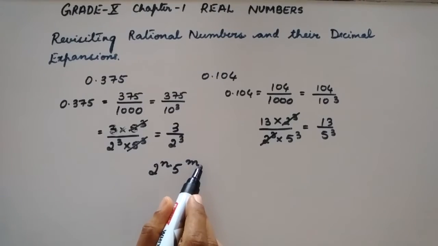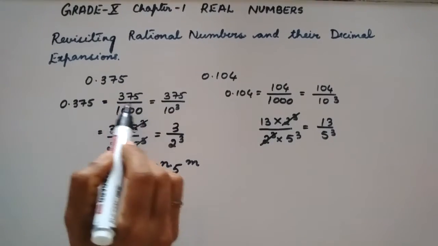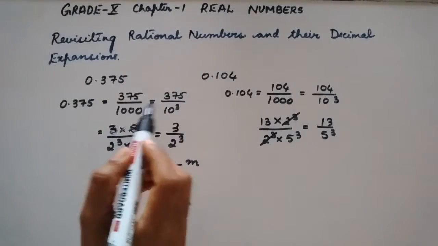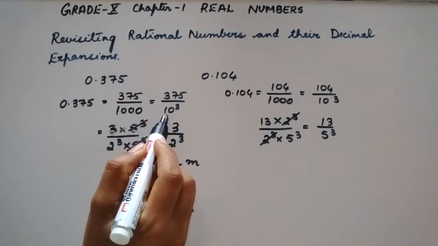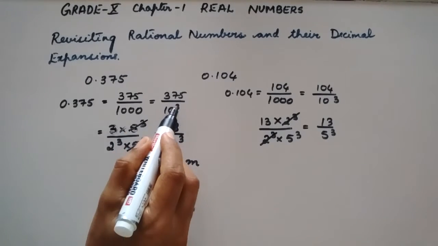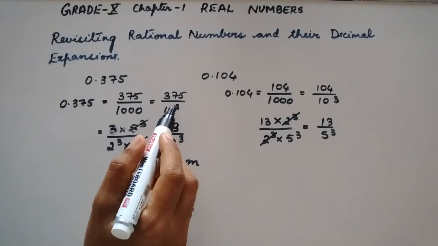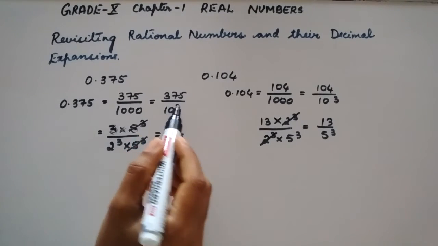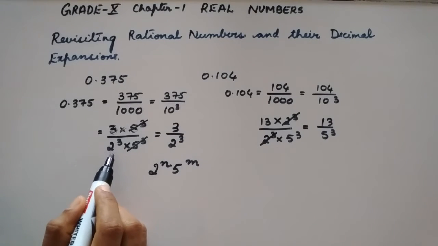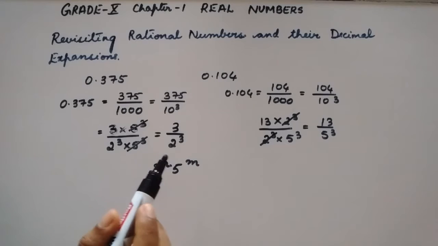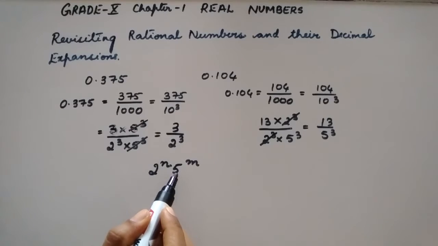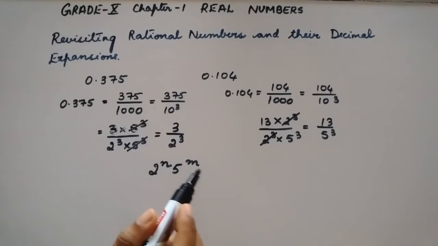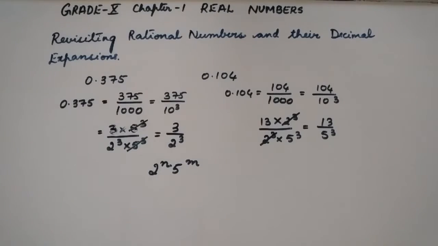This is of the form p by q, where the denominator q can be expressed in the form of powers of 10, and these powers of 10 can also be expressed in terms of powers of 2 and 5. So the prime factorization of q is of the form 2 to the power n and 5 to the power m, where n and m are non-negative integers.